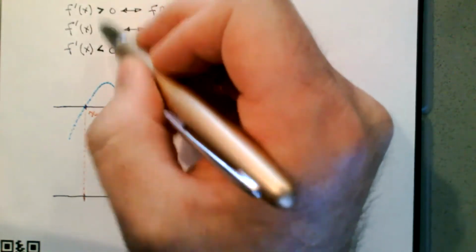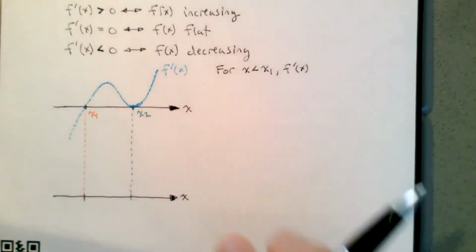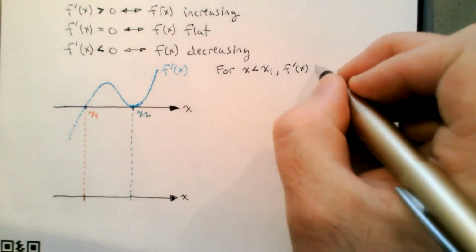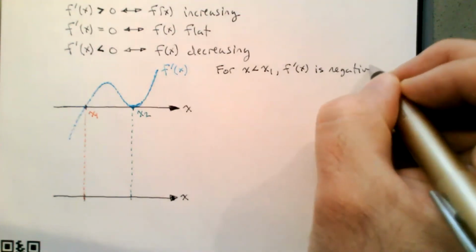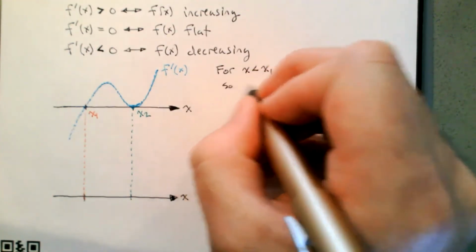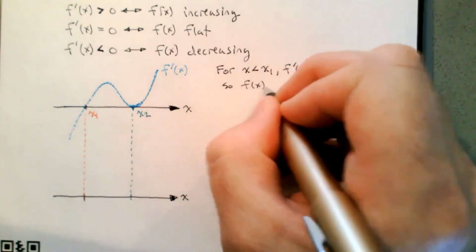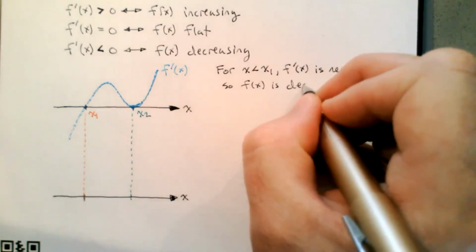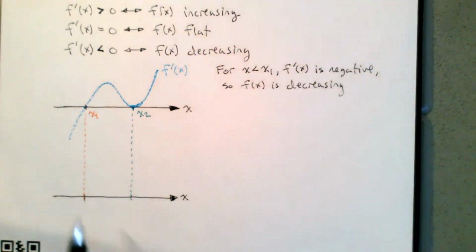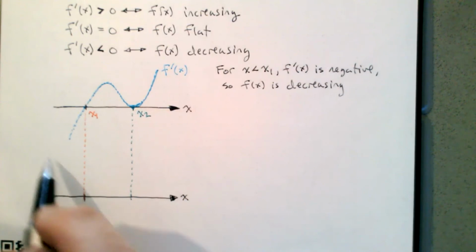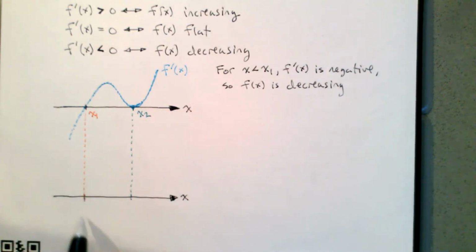In this chart, it's the sign of the derivative that we care about. So f prime of x is negative, so f of x is decreasing. Whatever we draw down here, we're going to draw something that's decreasing.